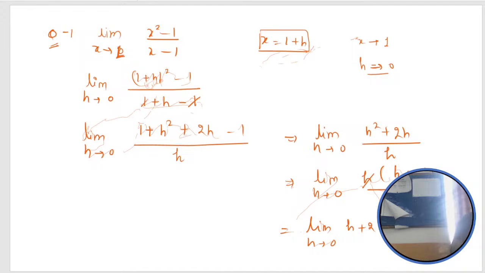You can calculate this limit by using one more method. The question is limit x tending to 1 x square minus 1 upon x minus 1.